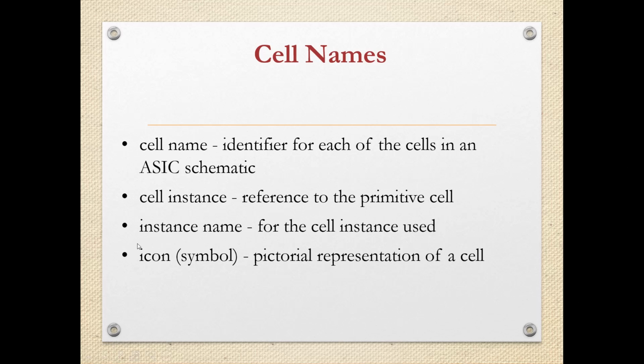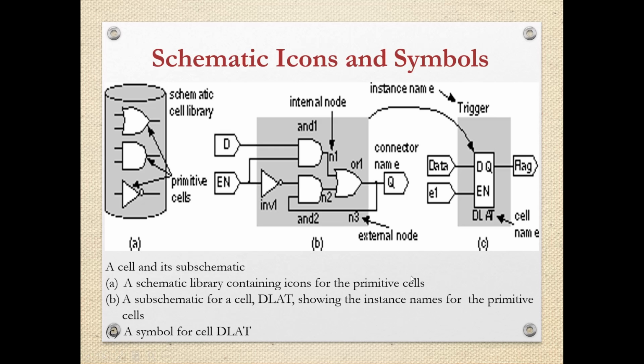And for each cell, an icon is prepared, which is a pictorial representation of the cell. So those icons and symbols available in the library can be used in the schematic.